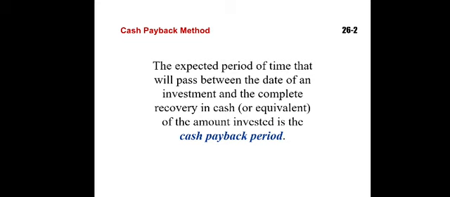So you have 3 choices: equipment 1, equipment 2, and equipment 3. If you use the cash payback method to evaluate these 3 choices, then this method will show you for machine A how many years your company will get back your investment.